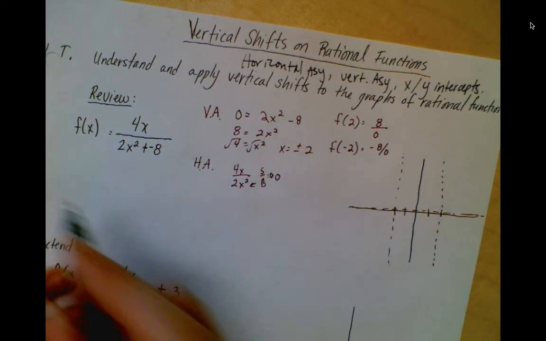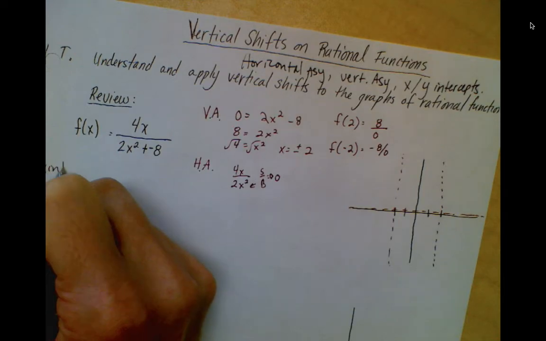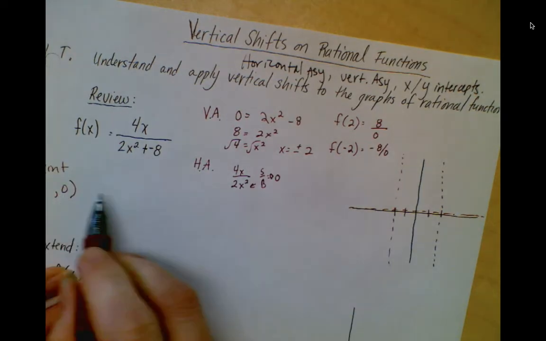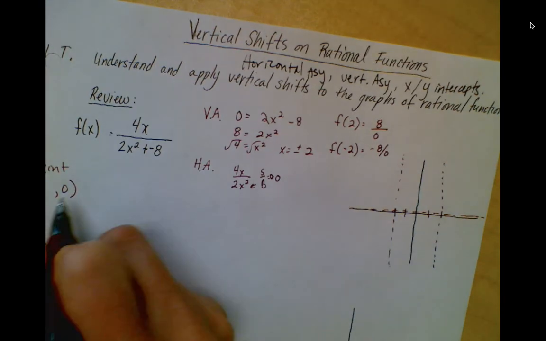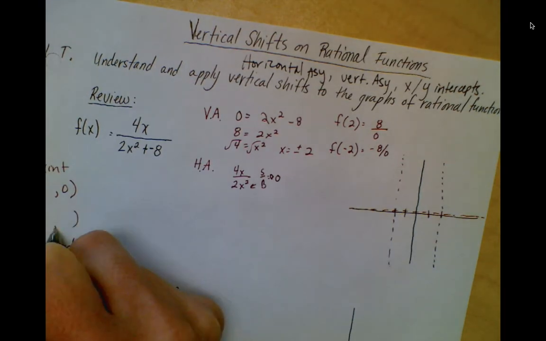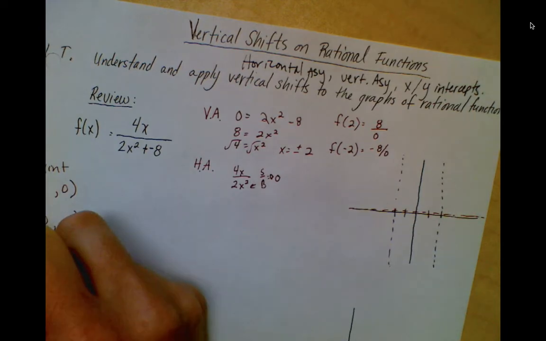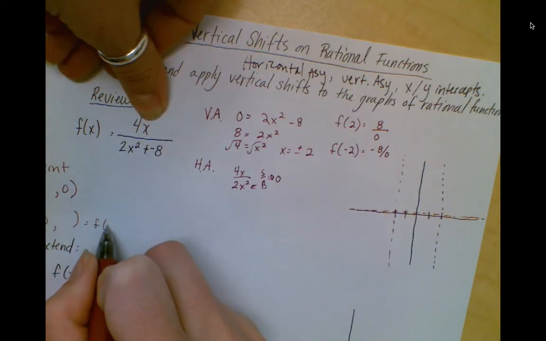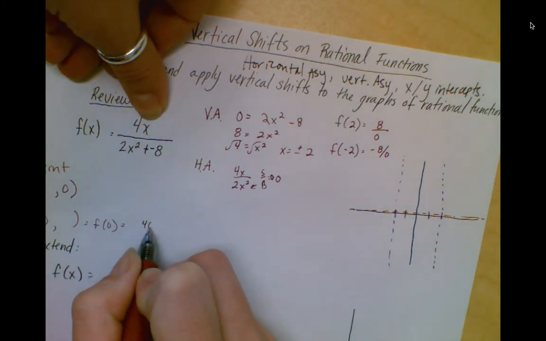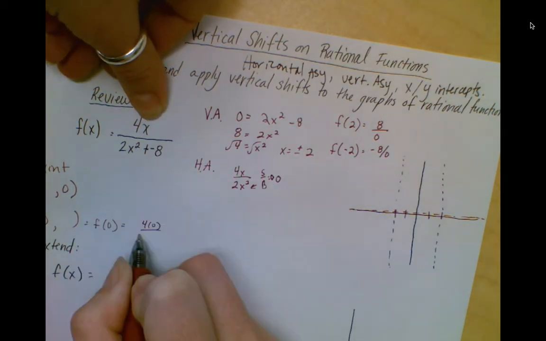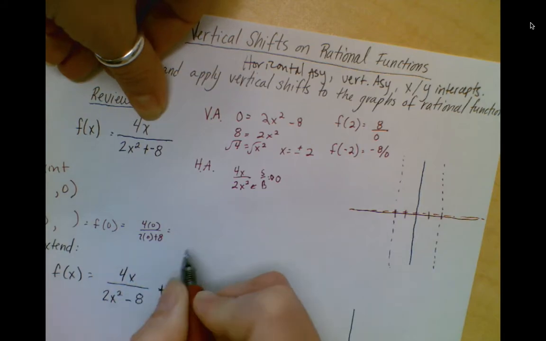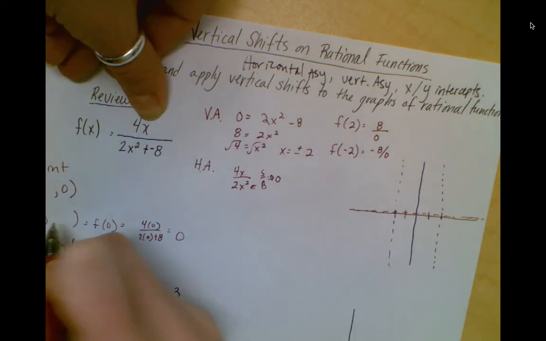So let's do our x-intercept, which will be when y equals 0, and our y-intercept will be when x equals 0. So if we plug in 0, f of 0 is 4 times 0 over 2 times 0 plus 8, so we're getting 0 over a number, so 0. So this is the point (0, 0).